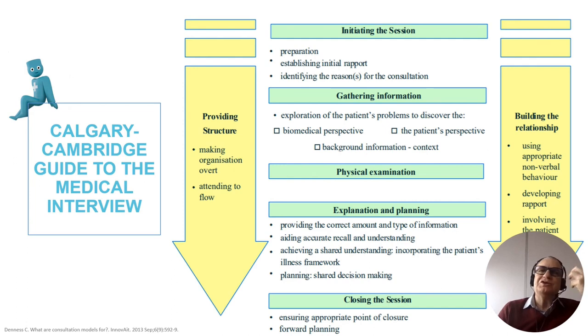We are there to support them rather than just to tell them what to do. Once we initiate that session, we start to identify the reason for the consultation, why we are there, understand the reason behind the wound, gathering all the information, so understanding the history of the wound, etc.